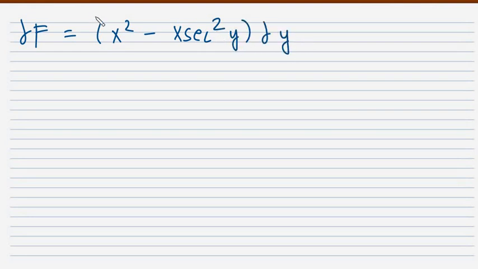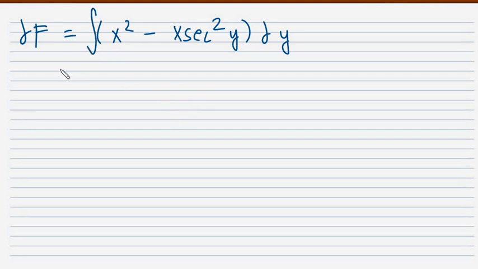So let's proceed. We will integrate, so f is the integral of x squared minus x secant squared y, with respect to y.